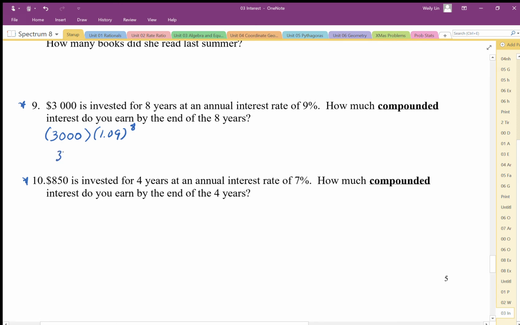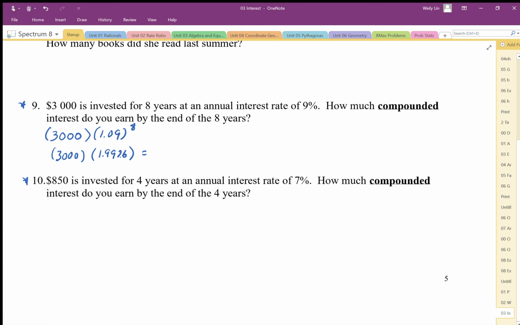Okay, so I'm going to go 3,000. And the percentage increase ends up being almost 99% increase. So I'm going to round that to 26. Okay, so that is 1.09 to the power 8, and then I multiply that by 3,000 to get my end amount.